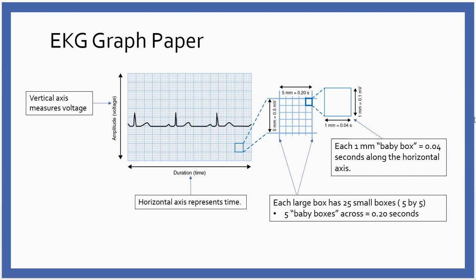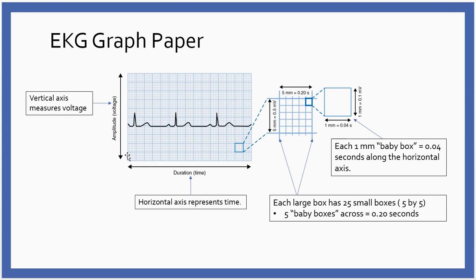The boxes in the vertical axis, the up and down, represent voltage. Voltage is something we can look at in a 12-lead EKG. You'll notice 5 millimeters, and it shows you one of these bigger boxes represents 5 millivolts.